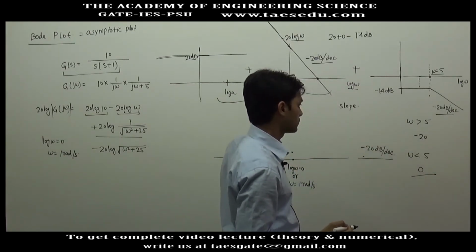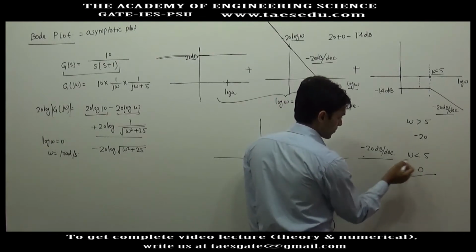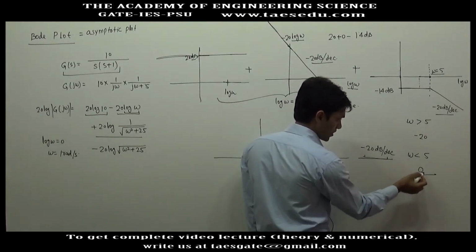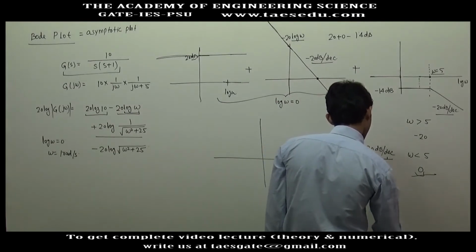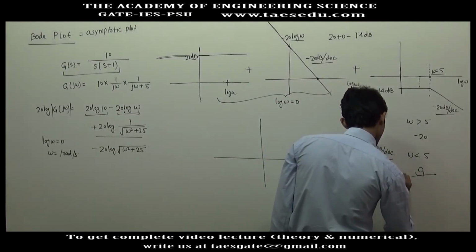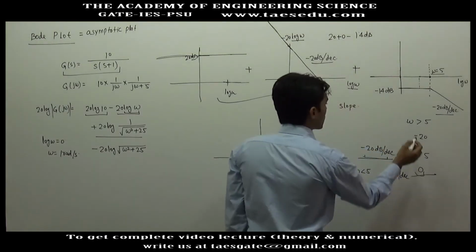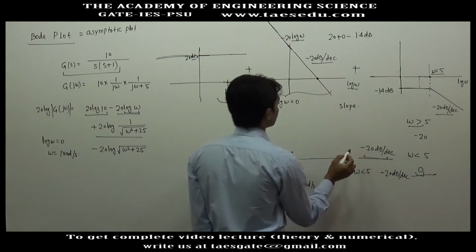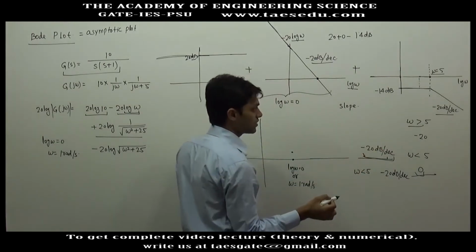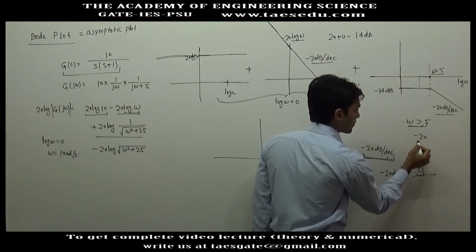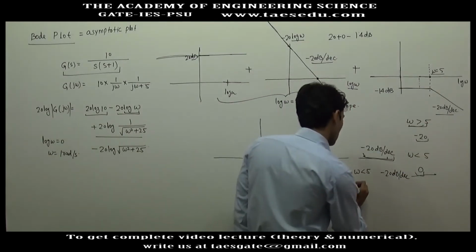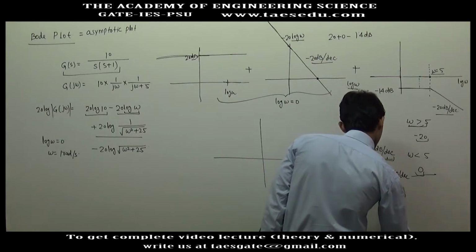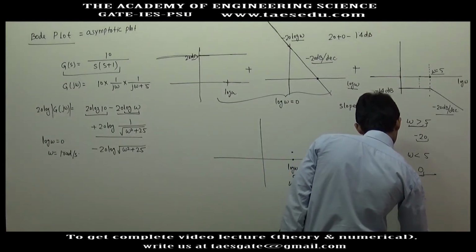For omega less than 5, this gives minus 20 and this gives 0. So for omega less than 5, we have minus 20 dB per decade. For omega greater than 5, this always gives minus 20, and this again gives minus 20. So for omega greater than 5, we will have minus 40 dB per decade.